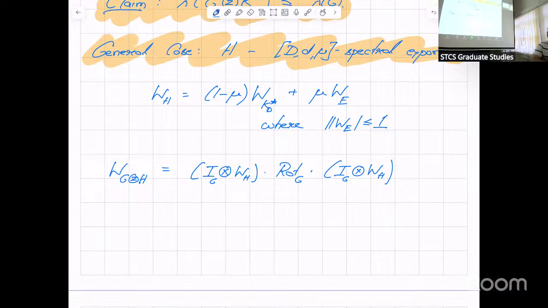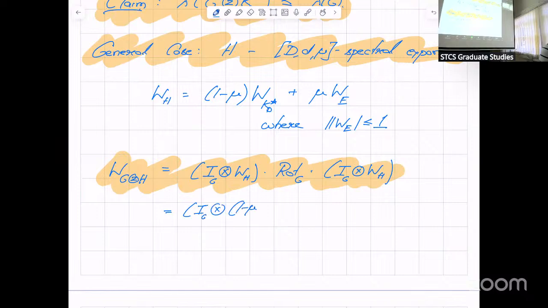This is shorthand for the entire random walk on G zigzag H. This we had recalled, it just followed from the definition. So this we can write now as IG tensor 1 minus mu WKD star plus WE, then rot G. We did all of this last time.